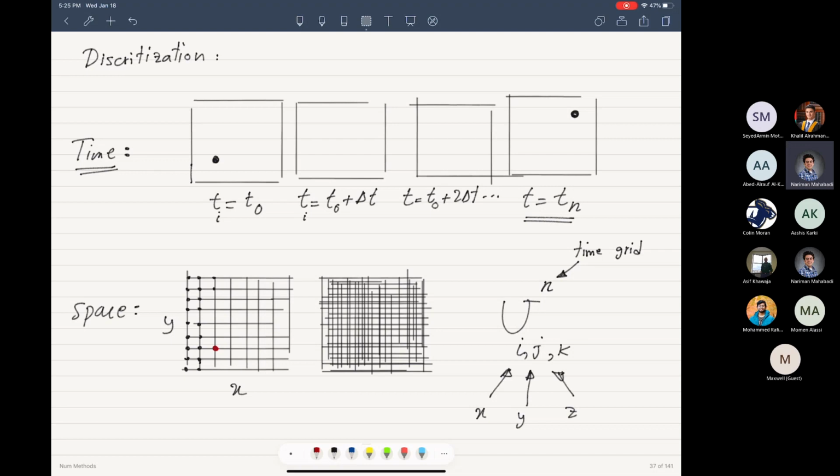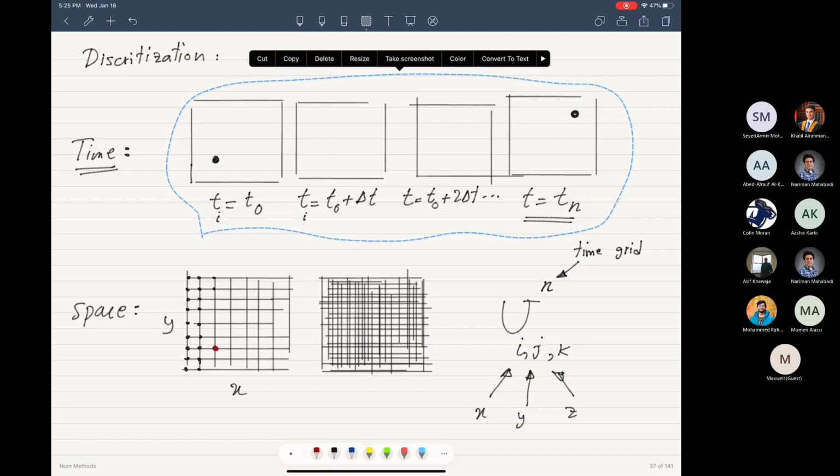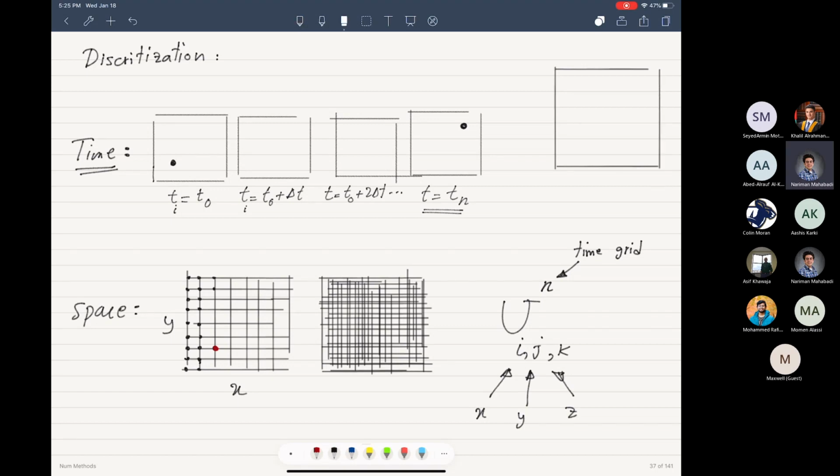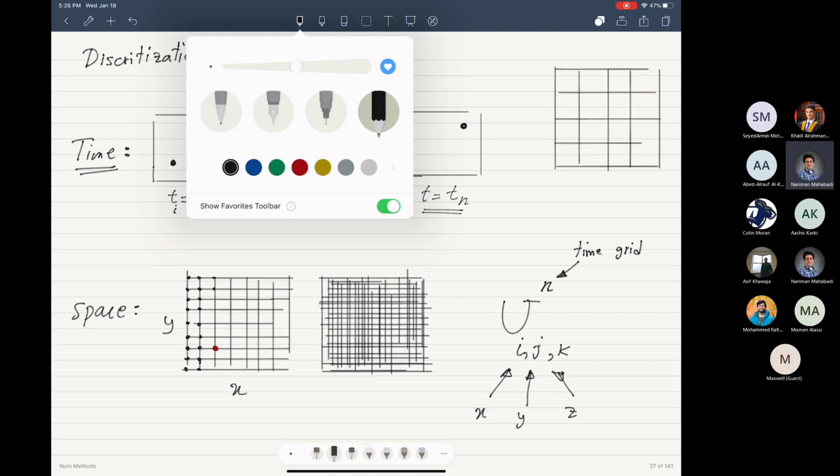So let me give you an example. Okay, let's say this is my grid. So I have a very large mesh size, or a grid size of, let's say, 4 grids for x and y.